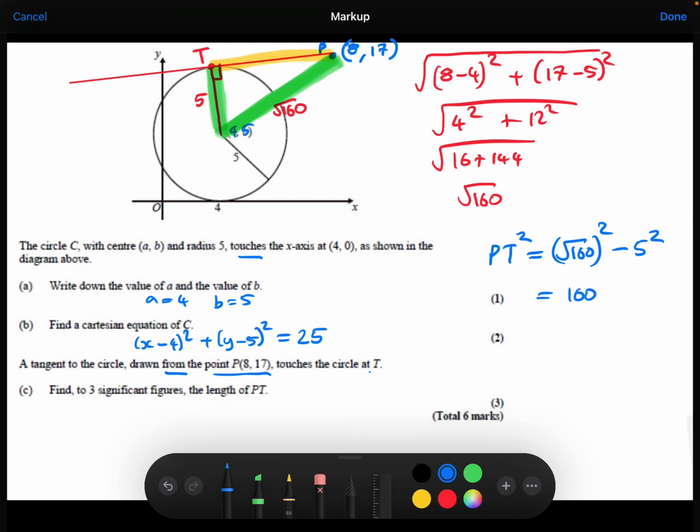So 160 minus 25 is 135. Square root that, and we get 11.6 to 3 significant figures. And that's the length of PT.